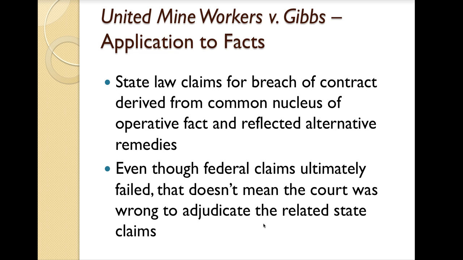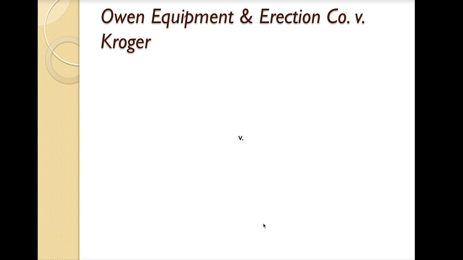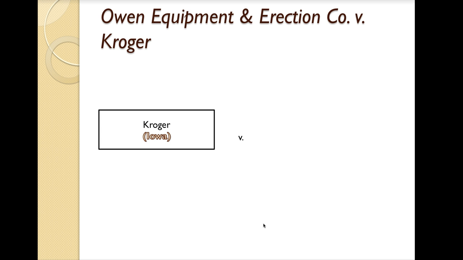And the court goes on to say that even though the federal claims ultimately failed, that doesn't mean that the court was wrong to adjudicate the related state law claims. So that, in a nutshell, is the Gibbs case.